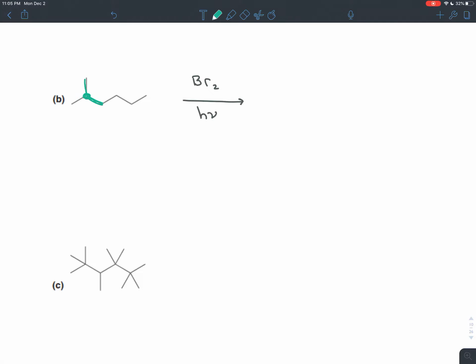The carbon is bonded to 1, 2, 3 other carbons, so it's tertiary. And so that's where the most stable radical could form, right? This creates two bromine radicals. One of the bromine radicals rips the hydrogen off here, abstracts that hydrogen. You get the most stable radical on that tertiary carbon, and the second bromine radical sticks to that and adds onto that position.